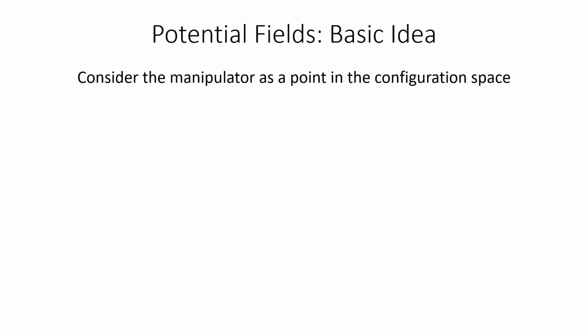Initially, I wish to explain the basic idea behind it. So you consider your manipulator to be just a point in the configuration space. And the task is quite simple. If I may try to draw it, you have this space available, the workspace.